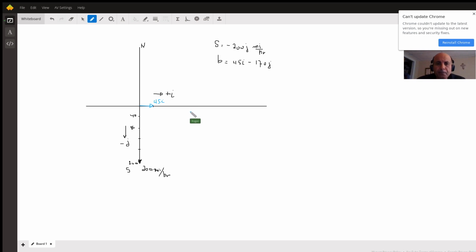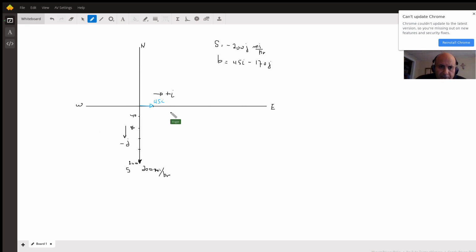This is the x-axis and this is the y-axis, and that means this is east, west, south, and north.